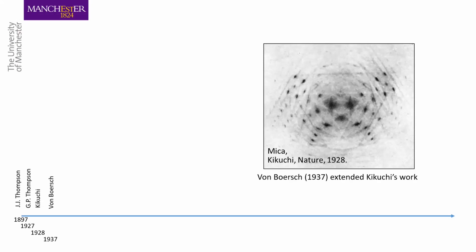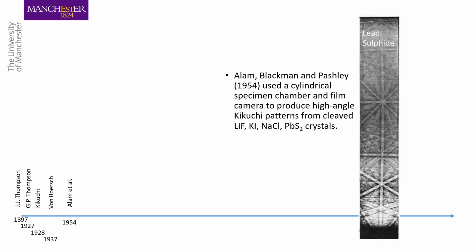Then later, in 1937, von Borries extended Kikuchi's work and gave a bit more explanation of how it all happens. And then Allen et al. in 1954 put a film into an SEM and captured the backscatter pattern from lead sulfide and other cleaved samples.